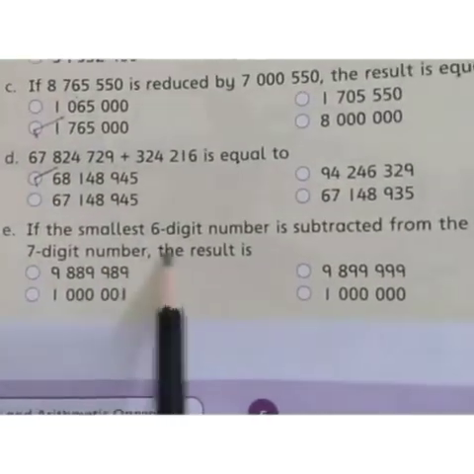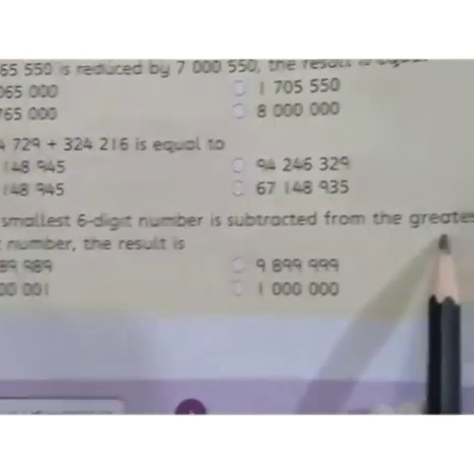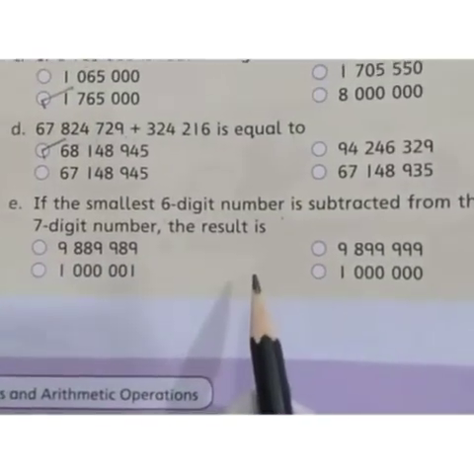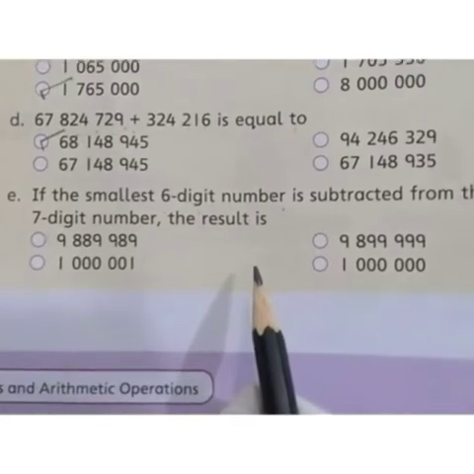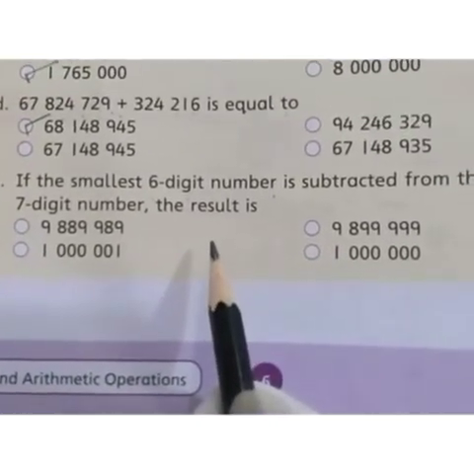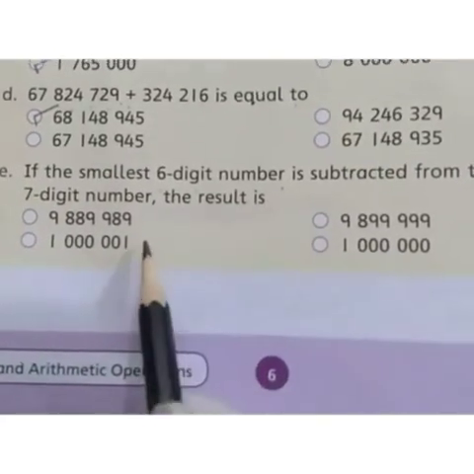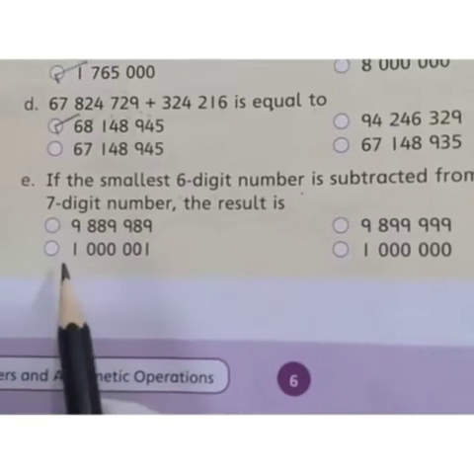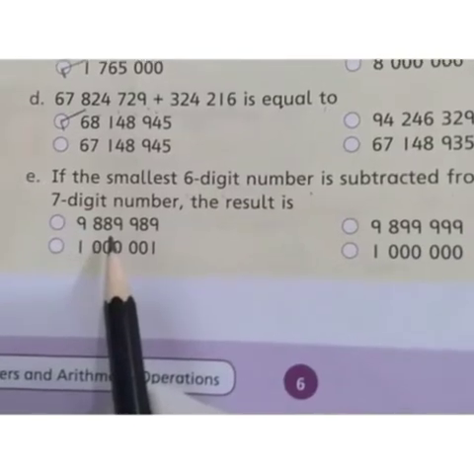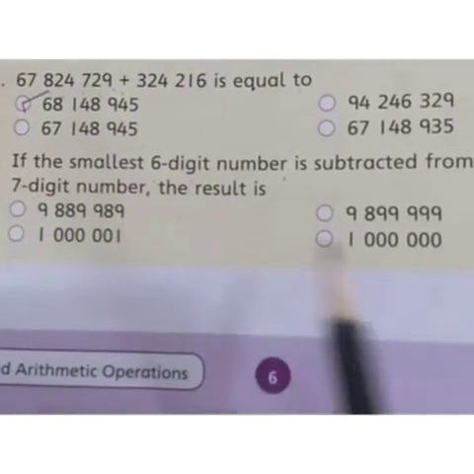If the smallest 6-digit number is subtracted from the greatest 7-digit number, the result is, what do you think? What is the result? Greatest 7-digit number. It means the number must be 9999999.